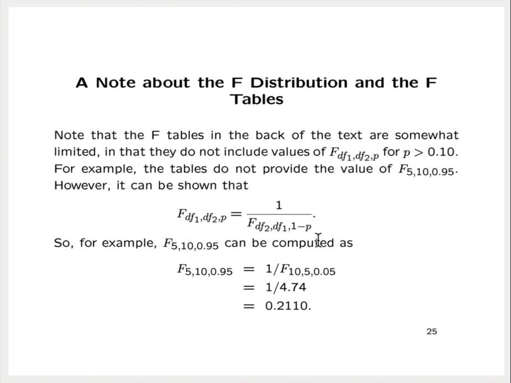So, for example, even though the tables don't include the upper 0.95 percentage point of the F distribution with 5 numerator and 10 denominator degrees of freedom, that value can be obtained from the 0.05 F table by dividing 1 by the upper 5th percentage point of the F distribution with 10 numerator and 5 denominator degrees of freedom. All right, and that would end up being 0.2110.